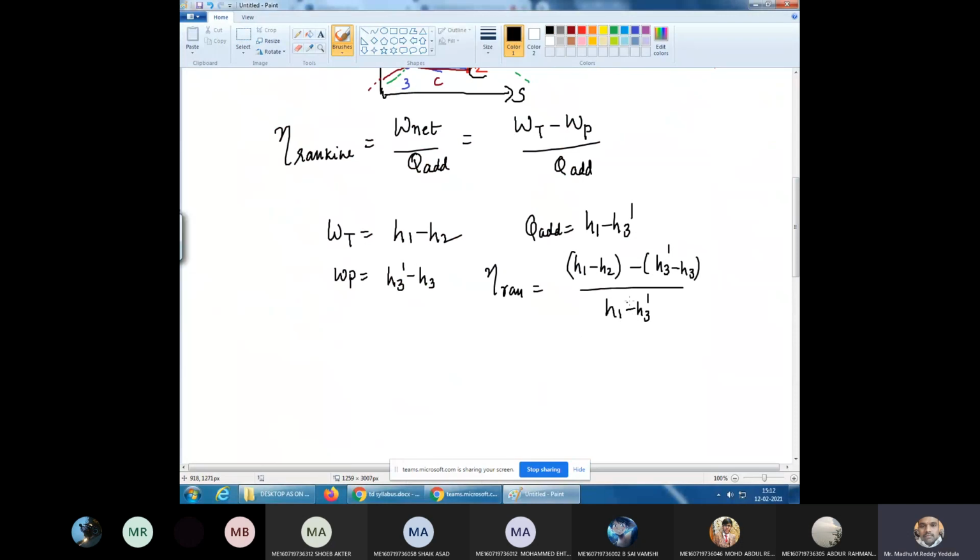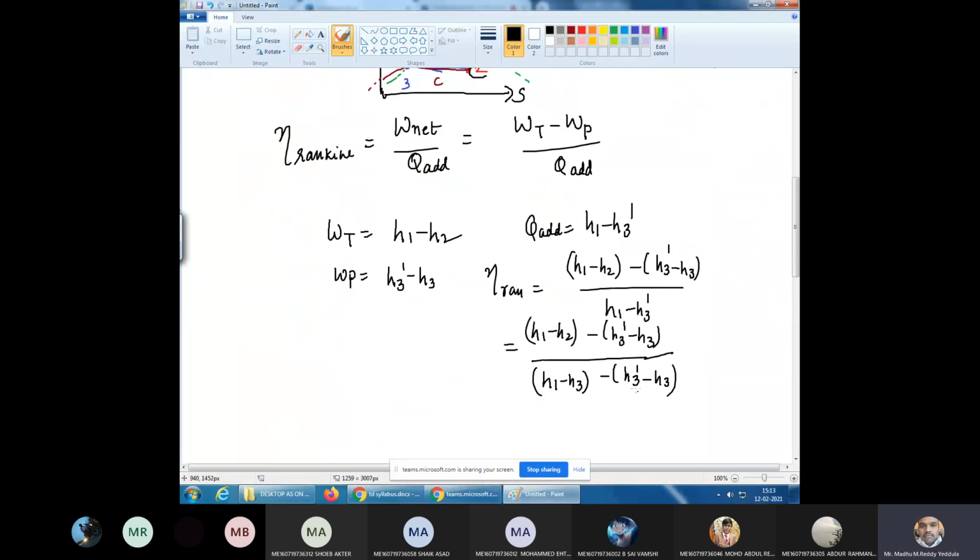So in the denominator, add plus H3 and subtract minus H3. What you will get is H1 minus H2 minus (H3 dash minus H3) divided by H1 minus H3 minus (H3 dash minus H3).